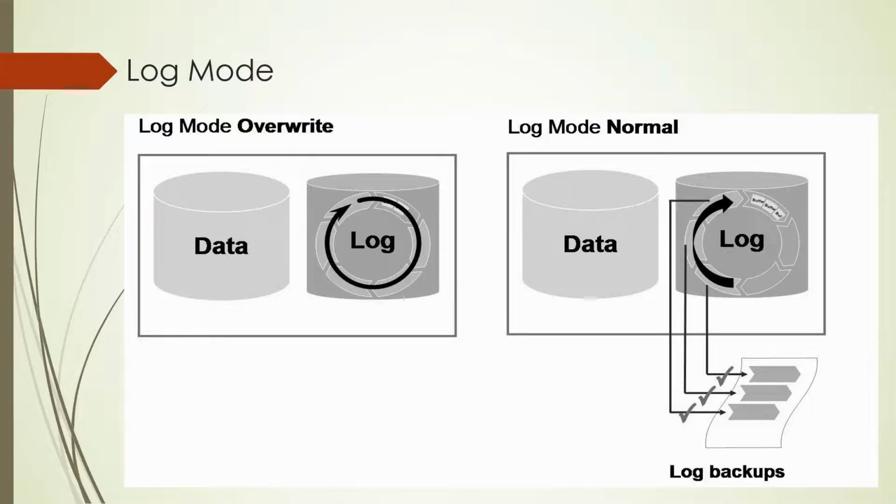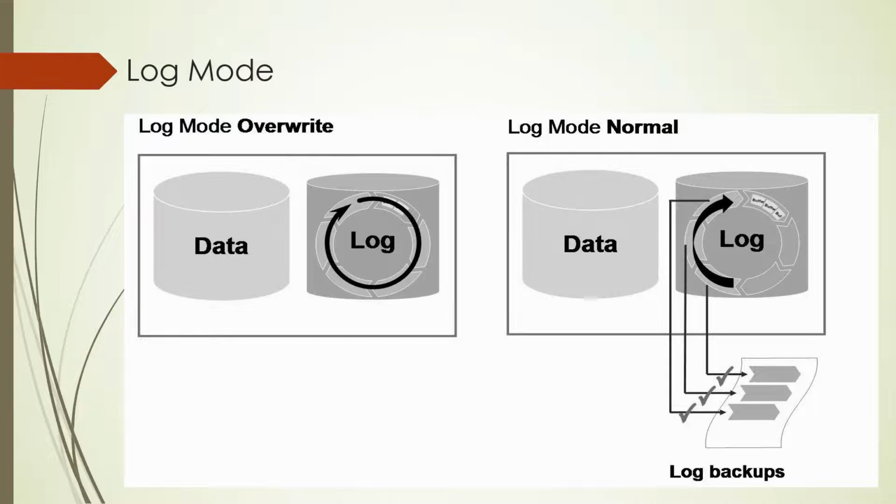One thing here: log backups will not trigger if you do not have a consistent data backup. Meaning, to use the log mode equal to normal, you have to trigger one database backup. After triggering the database backup, then only it will generate the logs.